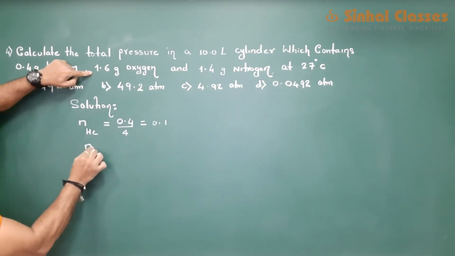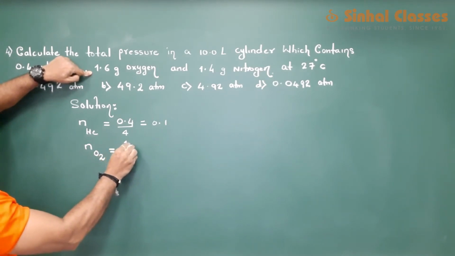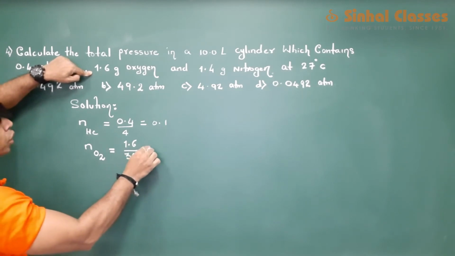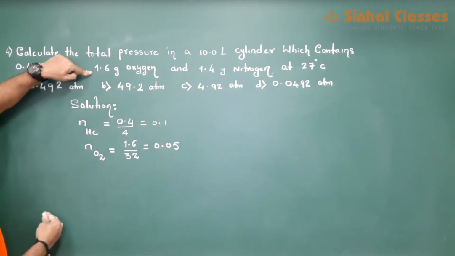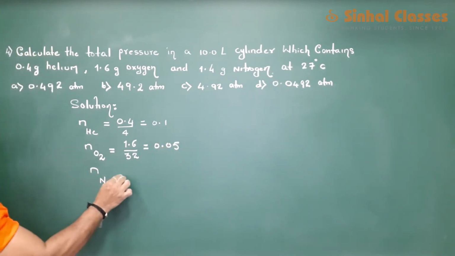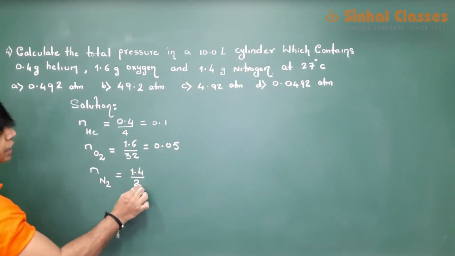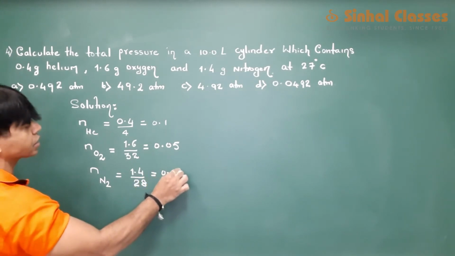Then moles for oxygen will be 1.6 divided by 32, that is 0.05. Then moles of nitrogen will be 1.4 divided by 28 molar mass. So it is 0.05.